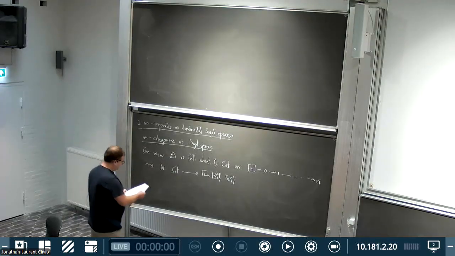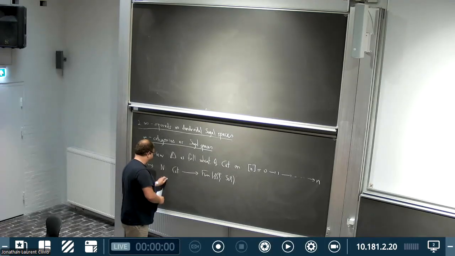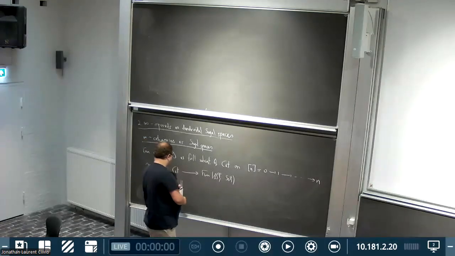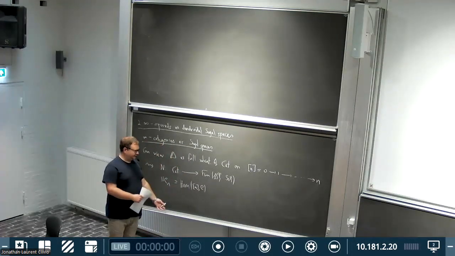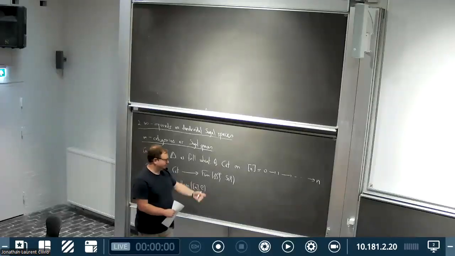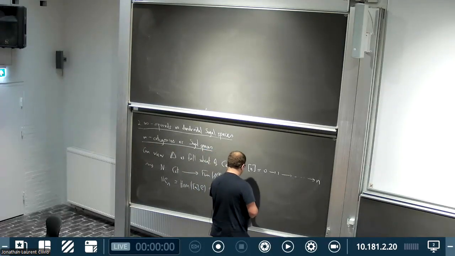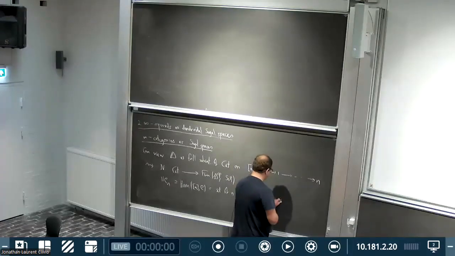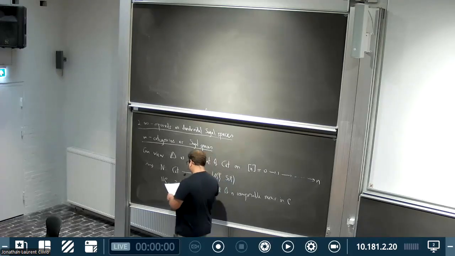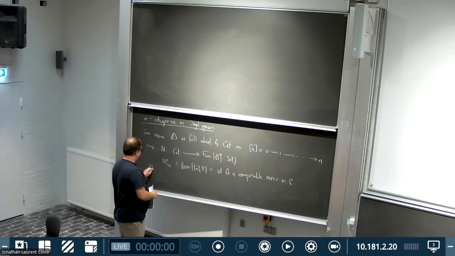And so this is just the nerve of a normal category, so degree n is the set of functors from [n] to C, which is to say it's the set of n composable morphisms in C. And this nerve functor is fully faithful.